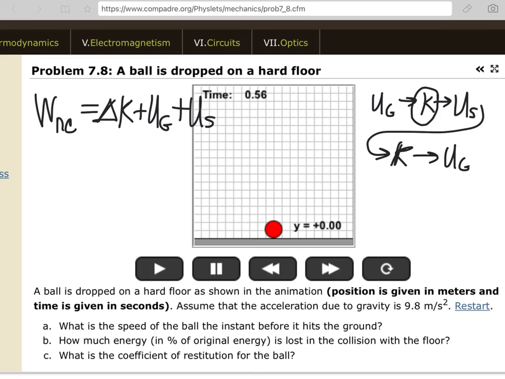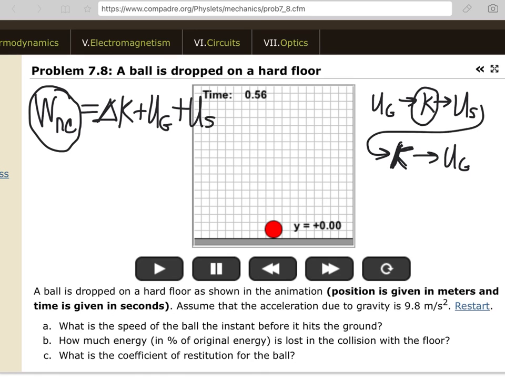The ball is going to get a little bit heated up from the bounce. If we could measure its temperature, we'd see that it was slightly hotter after the bounce than before the bounce. So there's a lot of energy transitions here, but the work by non-conservative forces all happens during the time of the compression and decompression of the ball.